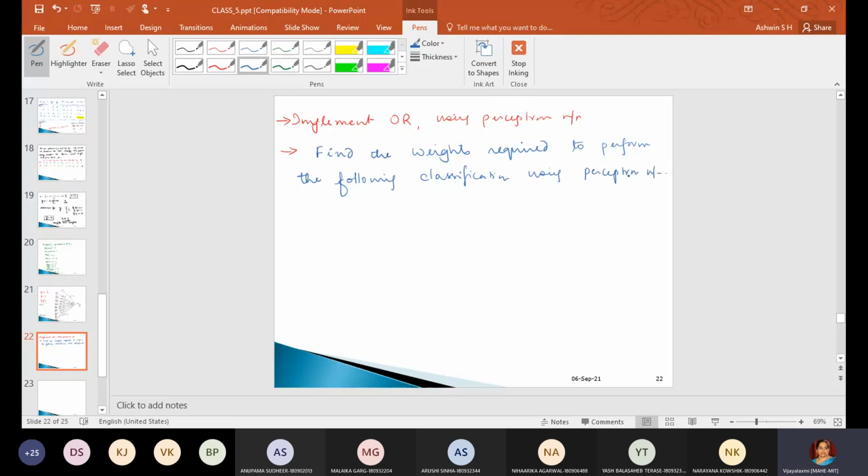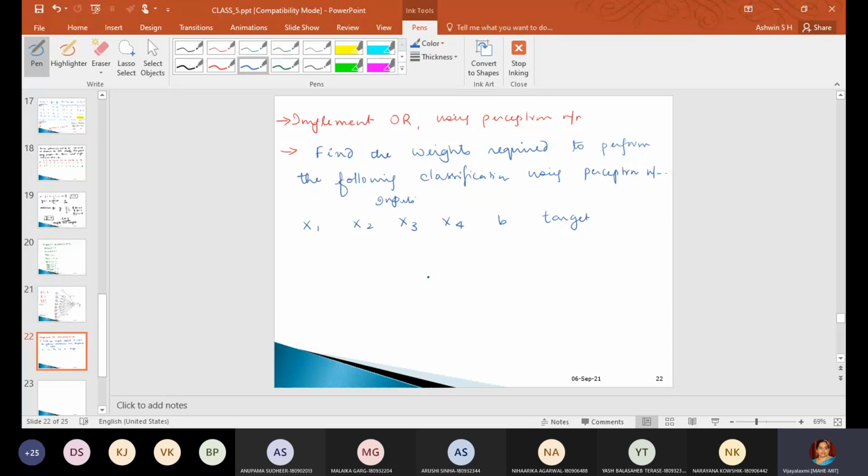Okay, the inputs are x1, x2, x3, x4. These are the inputs. This is the bias. Then this is the target.